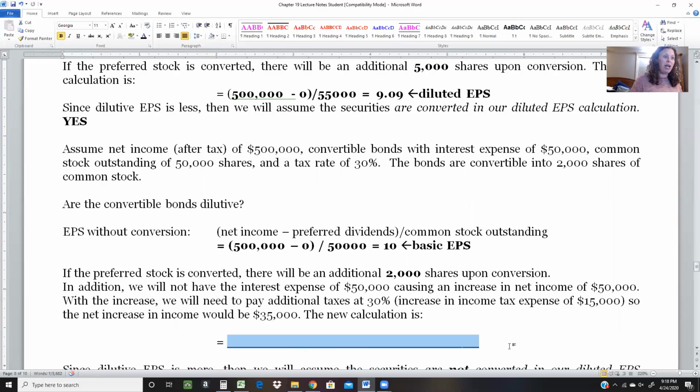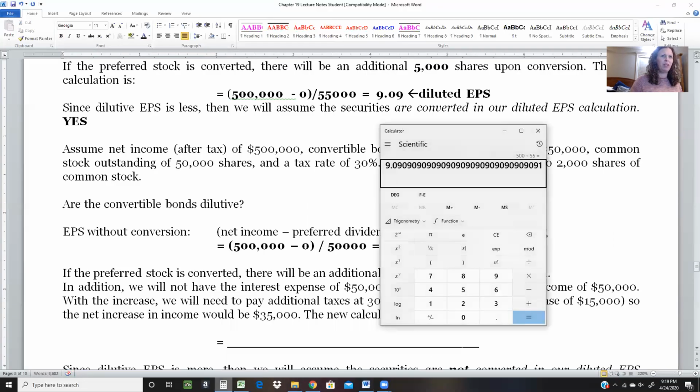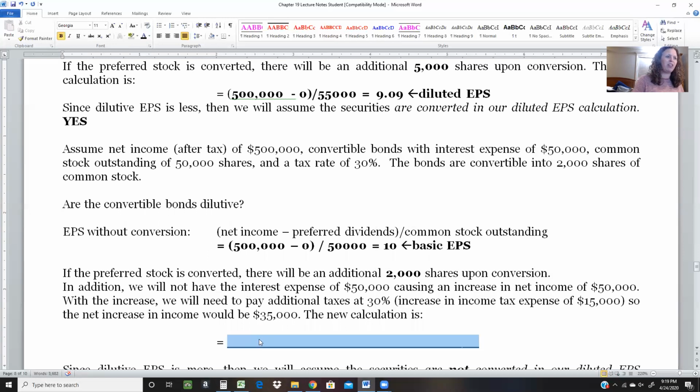So basically what I would do is 0.7, yeah, only 70% of it, because 30% of the 50,000 is going to go to the government. So only 35,000 gets added back.